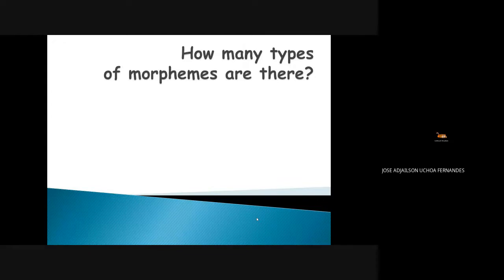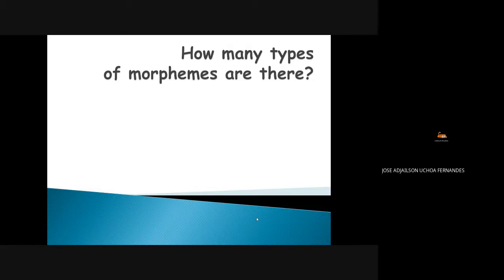So let's see the types of morphemes, okay? It's not enough to know that there are allomorphs, okay, and that morphemes are different in form, but they play the same role. There are different types of morpheme, each one with different functions, okay? Some of them, for example, are the principal morpheme of a word. We call it the root.